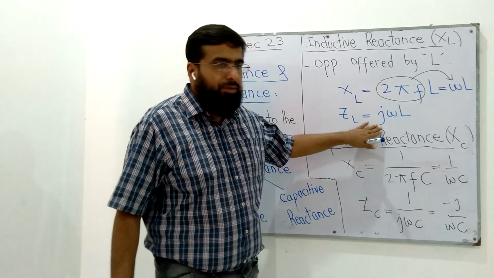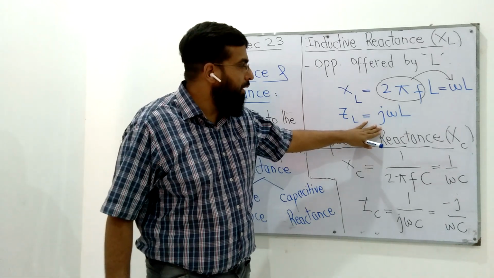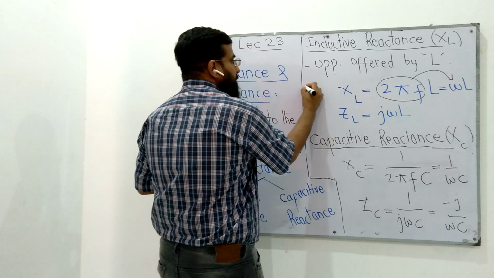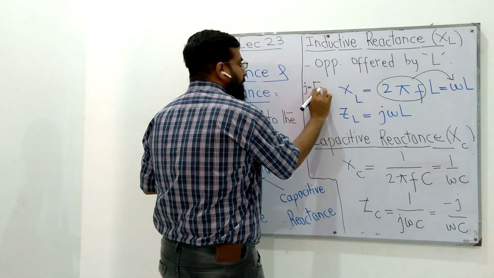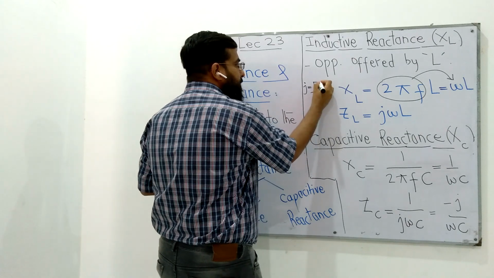In our earlier lectures, we have studied about iota. Iota is written as j for circuit analysis and is equal to the square root of -1.